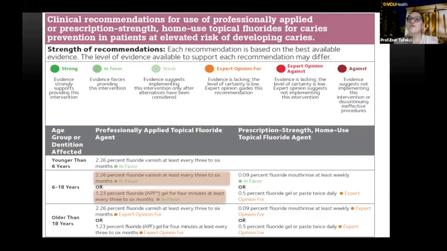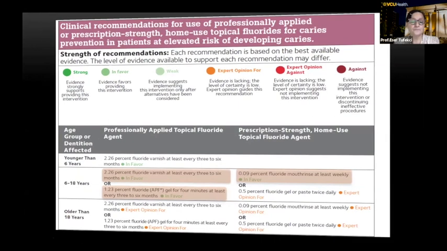And these are, of course, professionally applied topical fluoride agents. As far as home use, 0.09% fluoride mouthrinse, at least weekly, has some evidence in favor, and the evidence favors the use of this treatment modality.